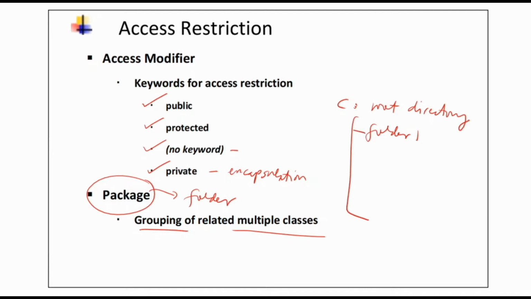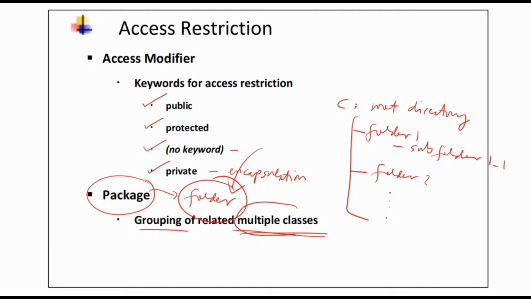And under folder 1, you have subfolder 1, 1, and so on. And then maybe under the root directory, you have folder 2, and so on. So a package is just like a folder or a container where you could store several or multiple related classes.